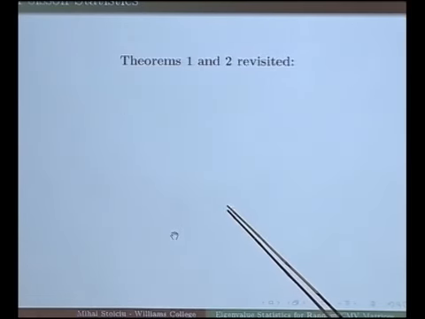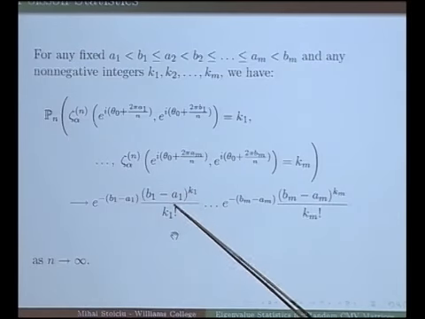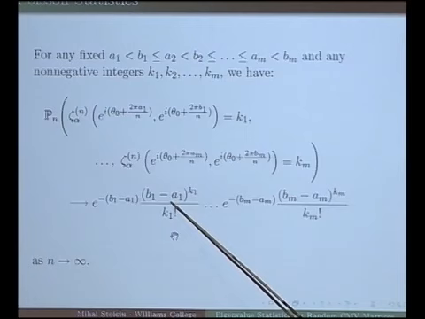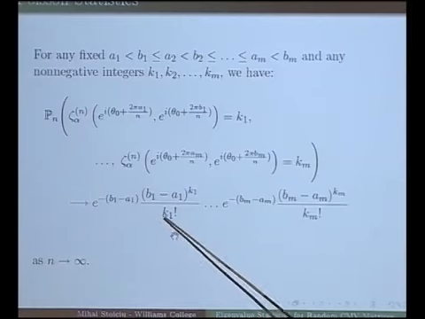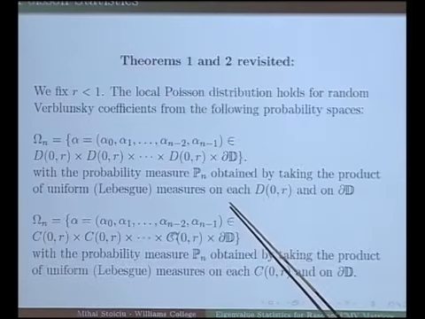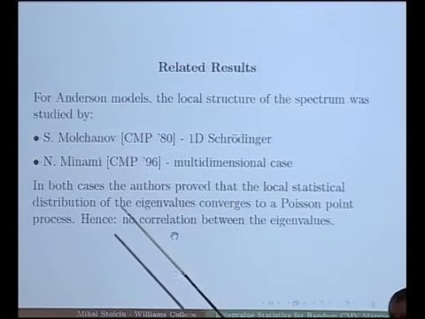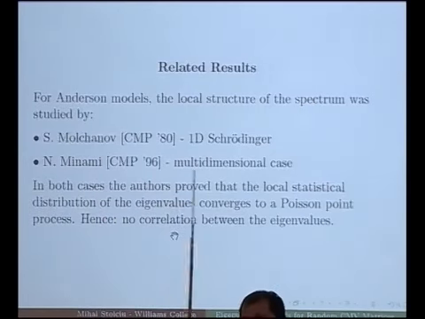So the one thing to mention here about Minami: you always see these Poisson statistics when we got this result. The Poisson law here was basically the Lebesgue measure. I take the Lebesgue measure of the interval A1, B1. You can have Poisson statistics with any measure. You can put here mu of the interval A1, B1.